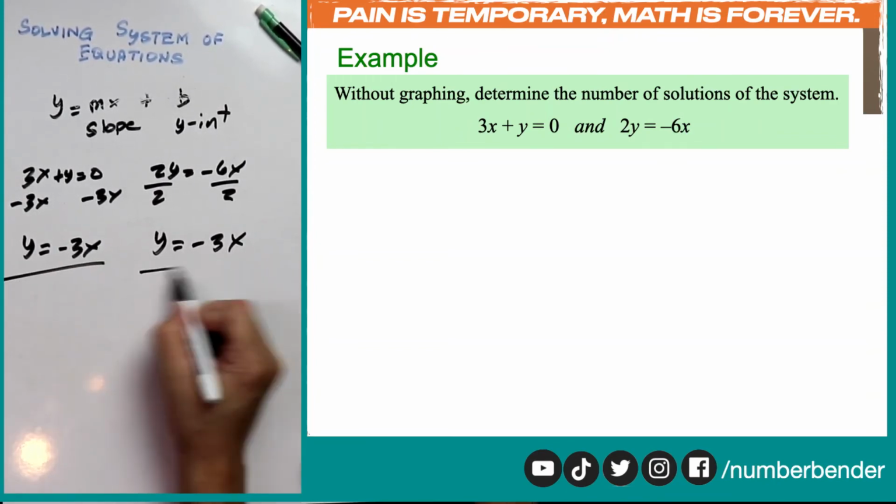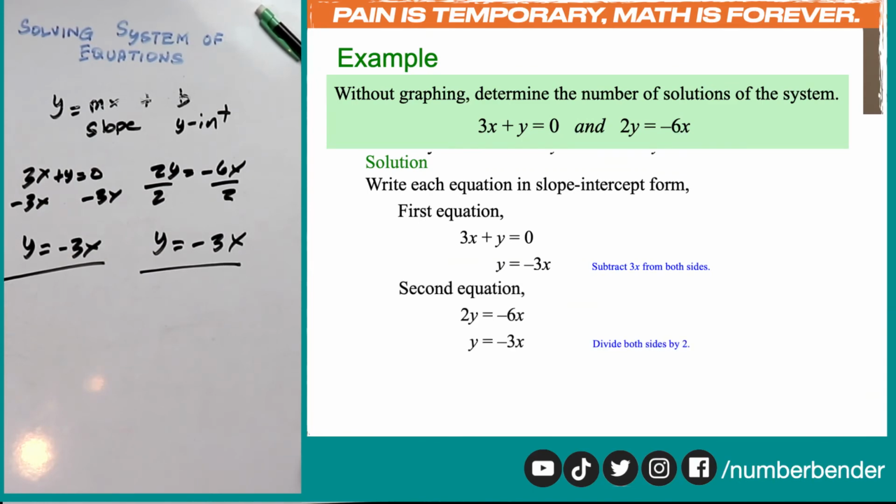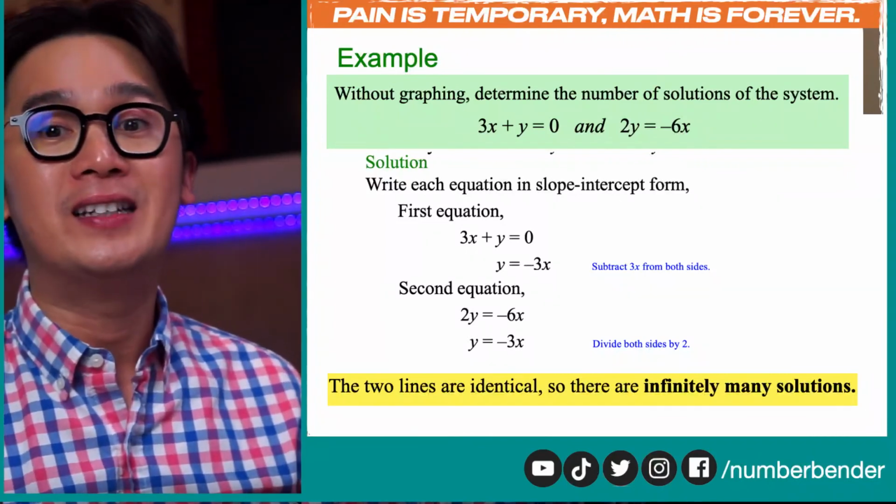And what you are noticing is that we have similar lines. The slopes are the same. The y-intercepts are the same. They're both at 0. So that means line 1 and line 2 are equal or the same. So we can say that the two lines are identical. So there are infinitely many solutions for this particular linear system.